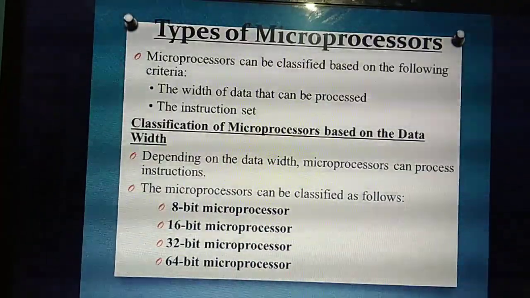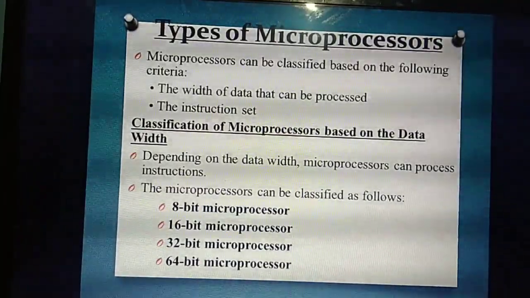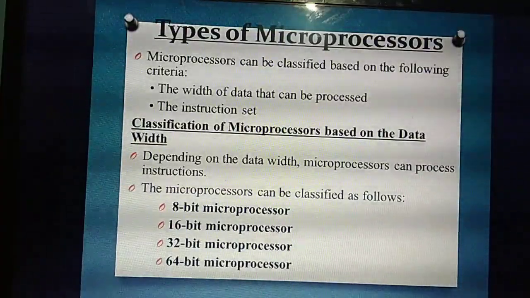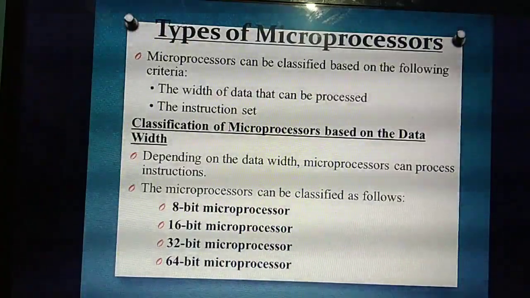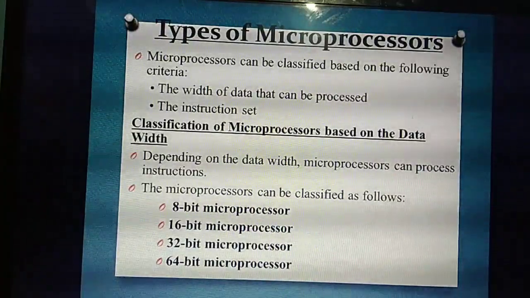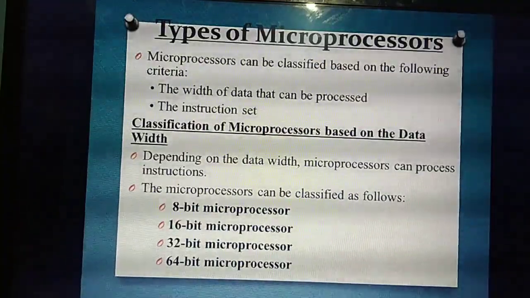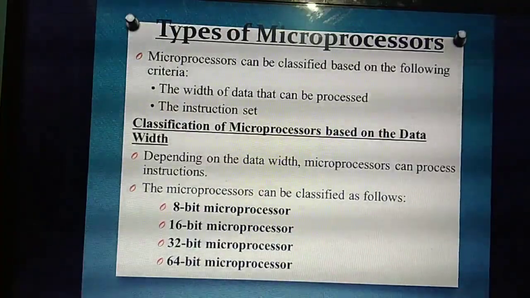Microprocessors can be classified based on two important criteria. What are they? First one, the bits of data that can be processed. What do you mean by bit? Bit means nothing but volume or capacity.